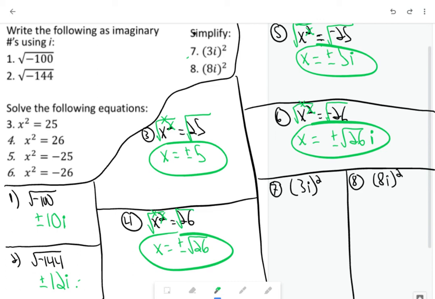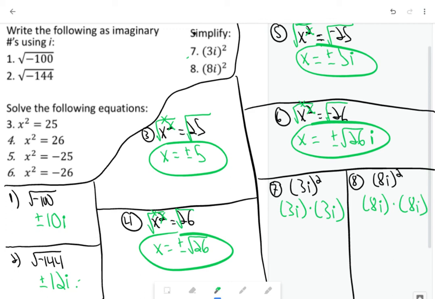So, for example, number 7, if I want to take 3i and square it, we know that to square something, regardless of the number system we use, means to take that something and multiply it by itself. So 3i squared means 3i times 3i. And 8i squared means 8i times 8i.